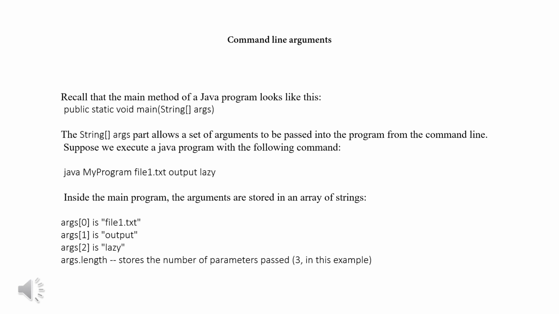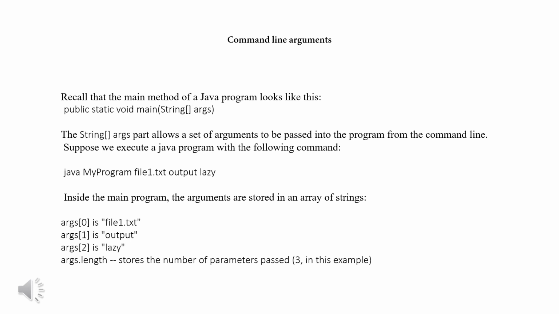If you remember, in the main method for Java, we had public static void main, and inside the parentheses we had String args, right? That's actually the arguments that are going to be passed into the program as the input, right? So args is an array of strings.